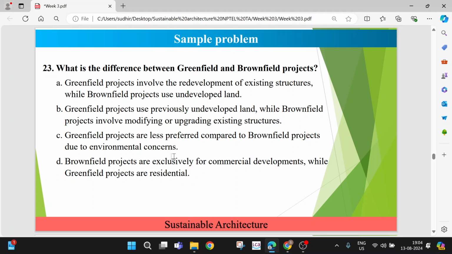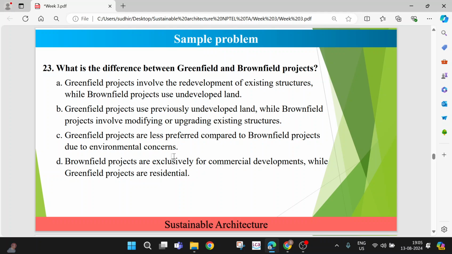Question number 23, the difference between the greenfield and the brownfield projects. When it was discussed in lecture 13, it was said that brownfield means the land is already being utilized from earlier, or we are just reconstructing there. And greenfield projects will be on undeveloped land, where we will be performing the projects for the first time.